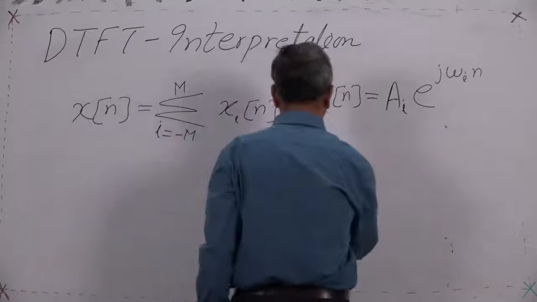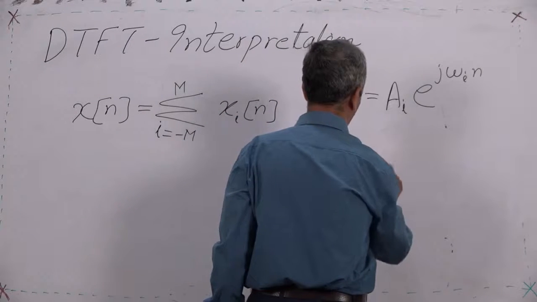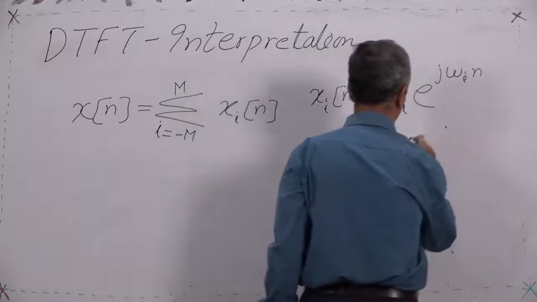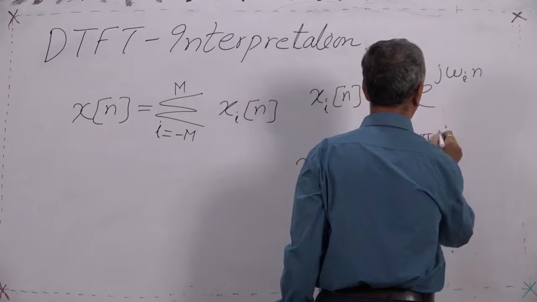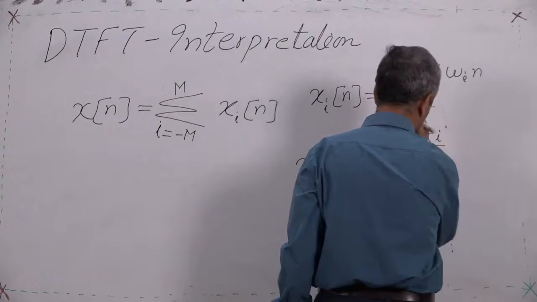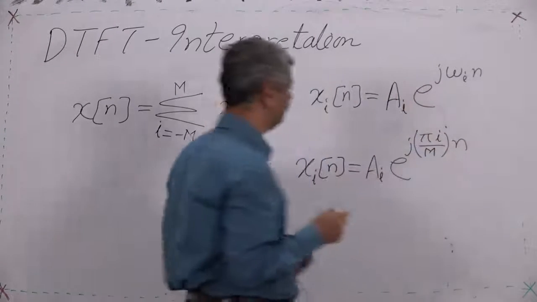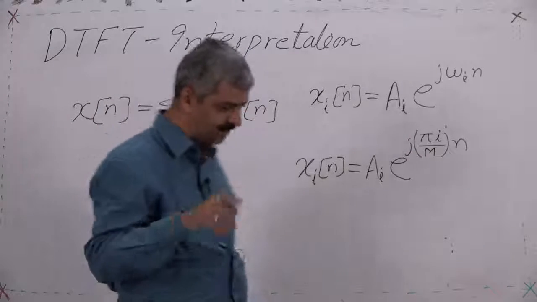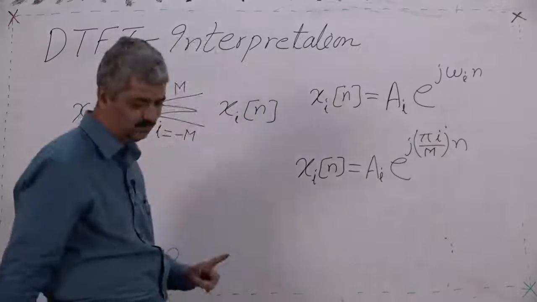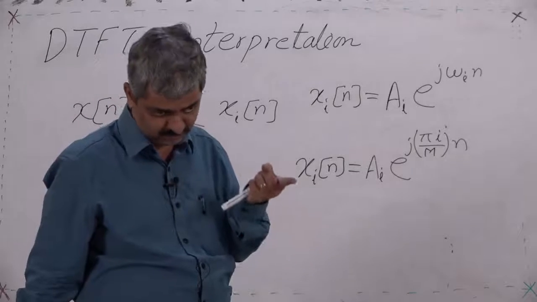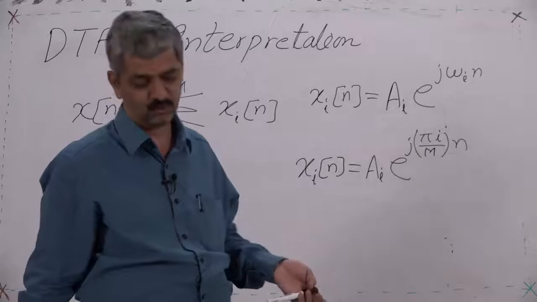So x_i[n] is equal to Ai e raised to j pi I upon m n. I will be going from minus m to m. If I is positive, it is rotating anticlockwise. If I is negative, it is rotating clockwise.